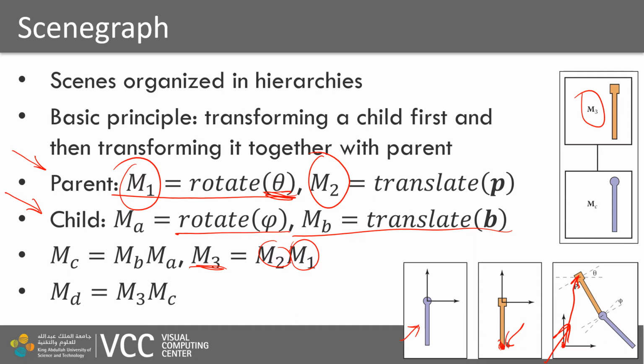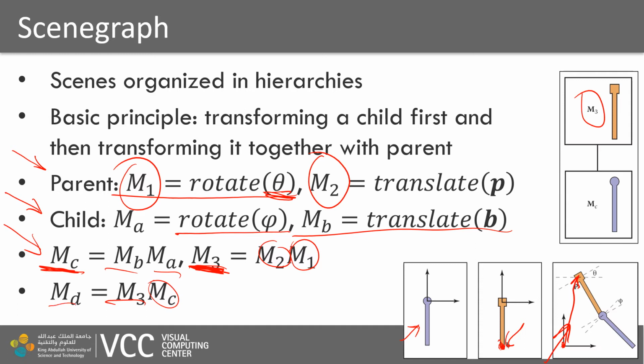So for our parent, we want to perform an operation which is just the M3. This is for the parent, which is the M1 and M2. And for the child, we want to perform operations which first the MC, which is the MA and MB, rotate and translate, and then the operation M3, which we did per parent.